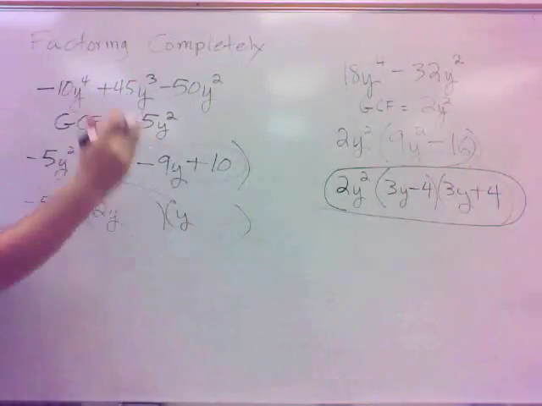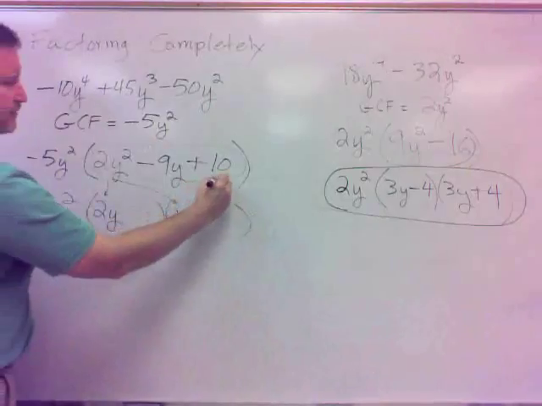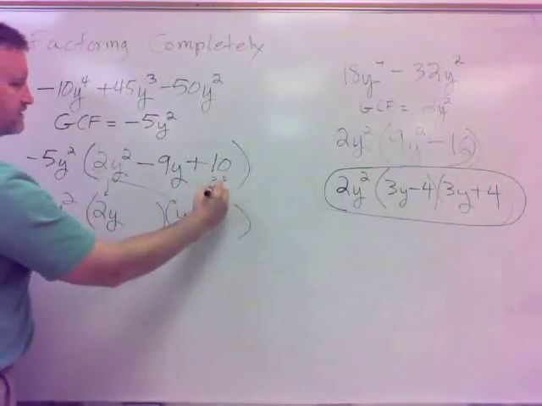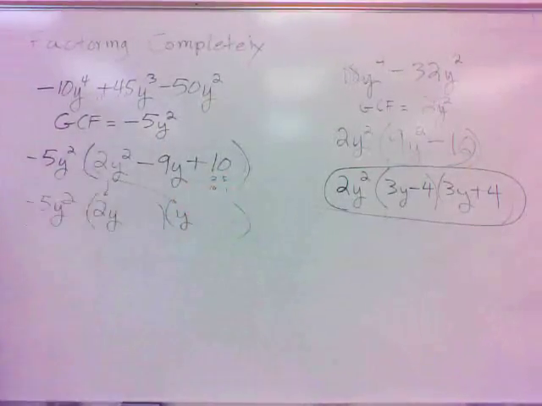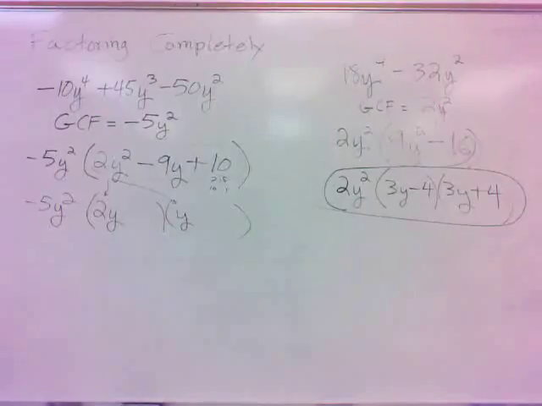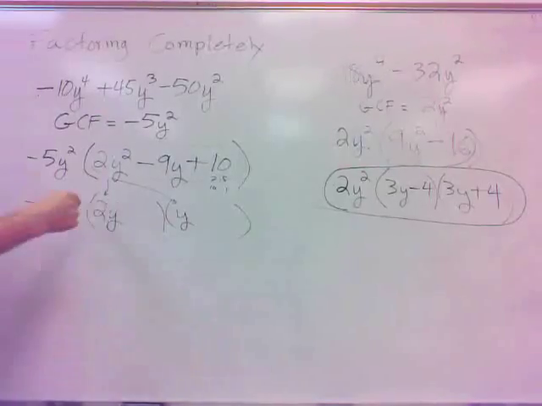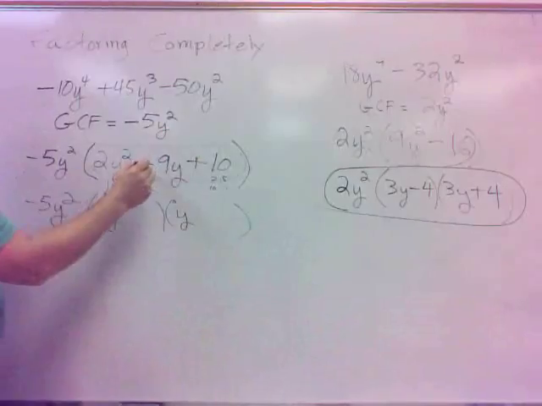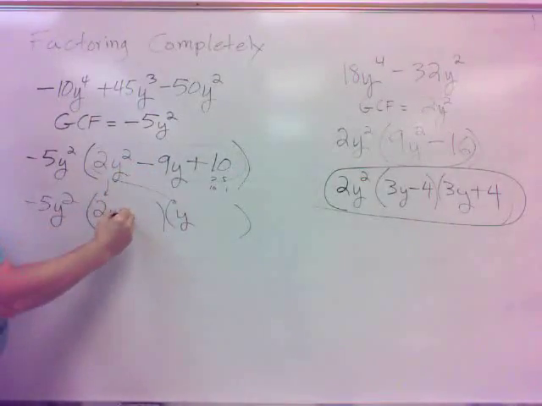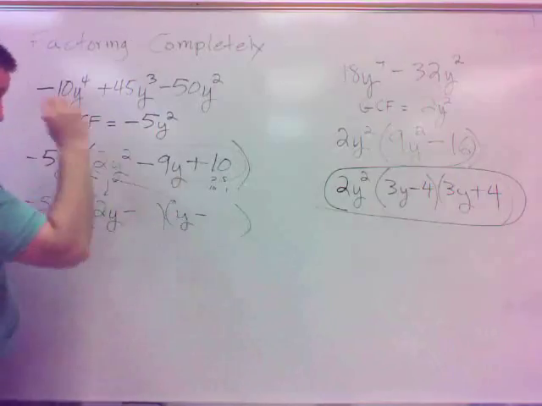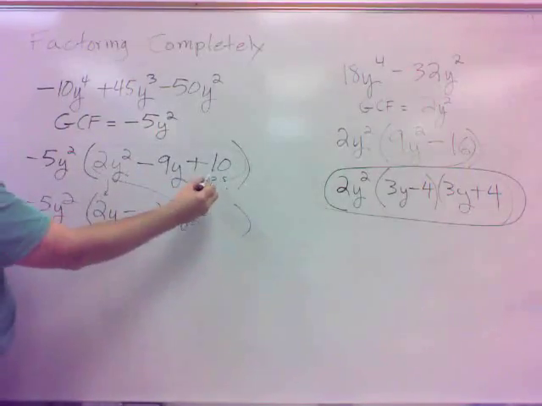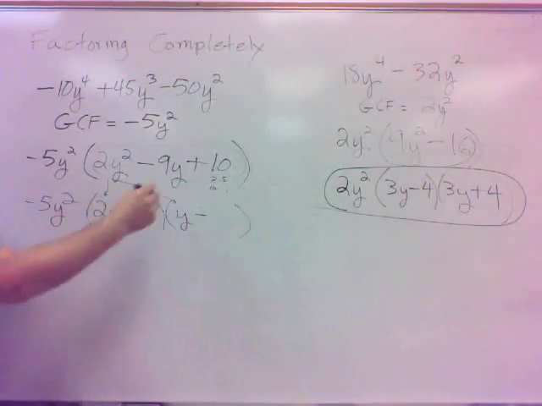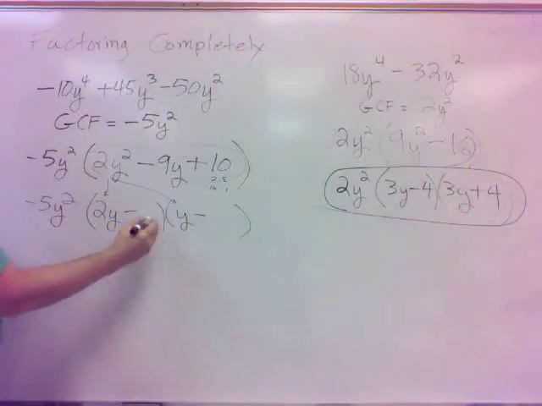I've got 10, that's 2 and 5, or 10 and 1, which neither adds together to be 9, but because this is 2y squared, that doesn't matter. What does matter is this is minus in the middle, so what is that telling me? Both of them are going to be minus. I'm going to do a negative 2 and a negative 5, or a negative 10 and a negative 1.